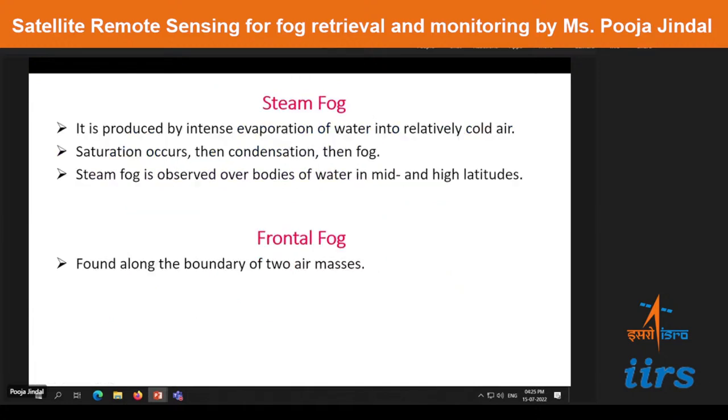So these were the 5 types of fog depending on the process of formation: radiation fog, advection fog, mixing fog, steam fog, and frontal fog. Out of these 5 types, radiation fog and advection fog are the 2 main types of fog found over the Indo-Gangetic plain, that is in our Indian region.